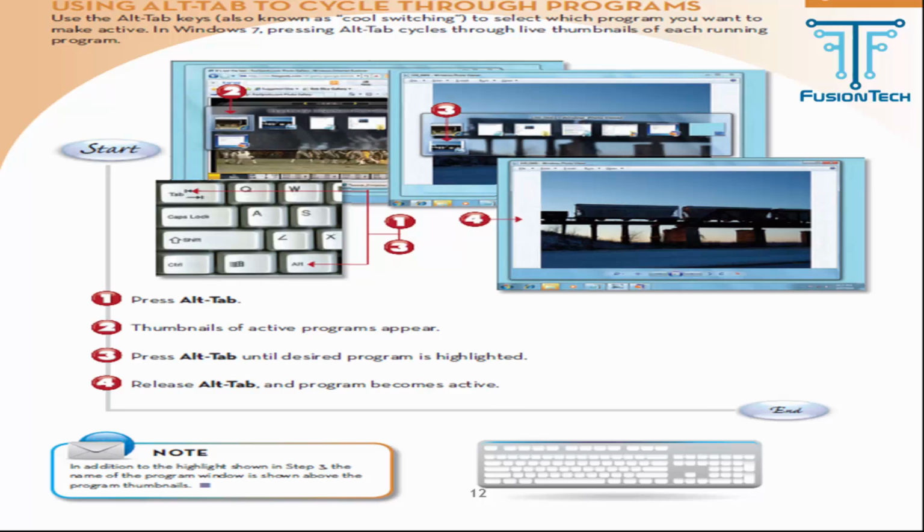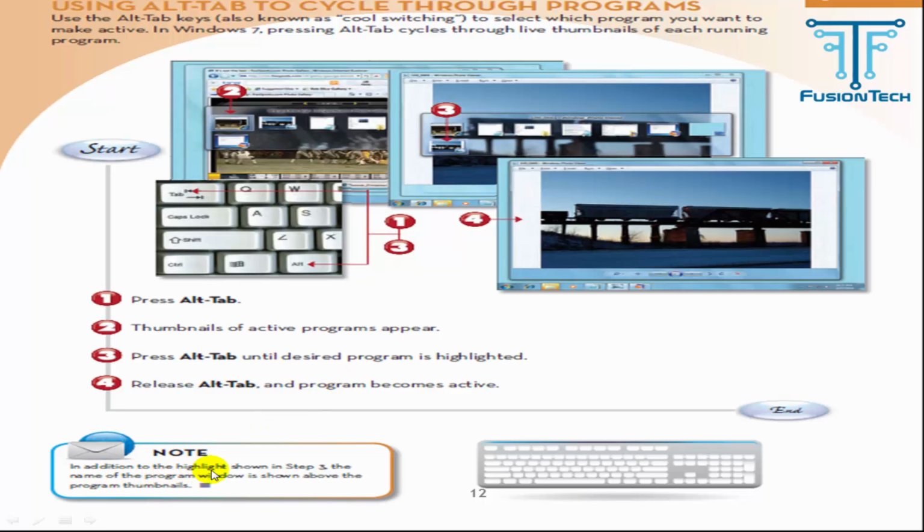Then you press Alt plus Tab, twice, thrice, just keep pressing Alt plus Tab. You can see that the thumbnails of active programs appear one by one, and select any thumbnail of an active program and release Alt plus Tab.